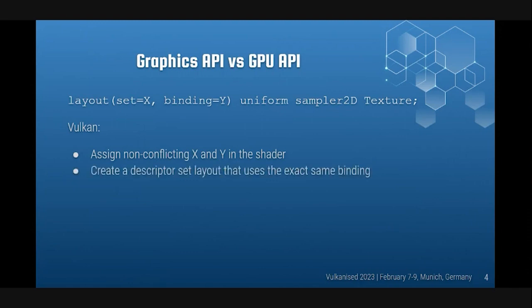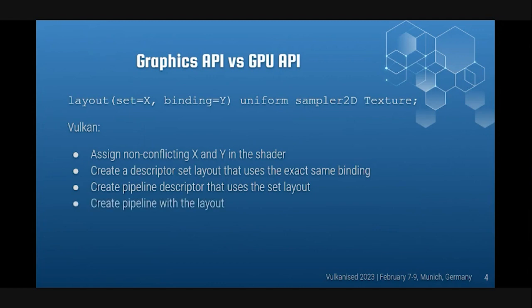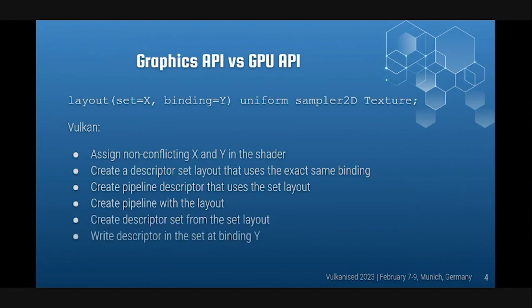Then we need to create a descriptor set layout that uses the exact same binding that we assigned in the shader. Then we need to create a pipeline descriptor that uses the set layout. We need to create a pipeline with this layout. Then we need to create a descriptor set from this set layout, and we need to write the descriptor at the binding in this descriptor set. And finally, we need to bind the descriptor set at the right index.